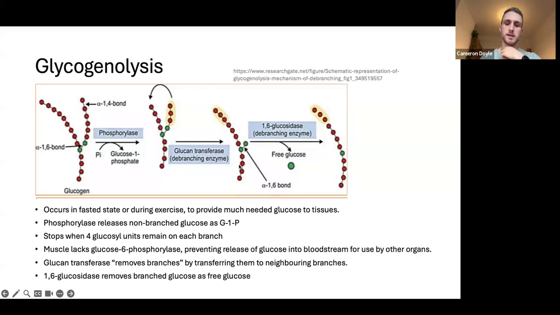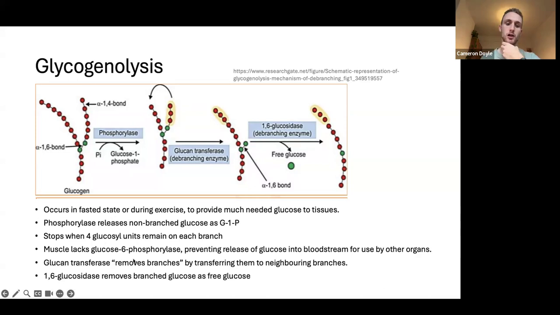The purpose of this is that it makes it more efficient for this enzyme, 1,6-glucosidase, to individually cut off these glucose monomers, which can then be released into the bloodstream for neighboring tissues, or indeed used in the muscle. So this is the point here that I mentioned before.